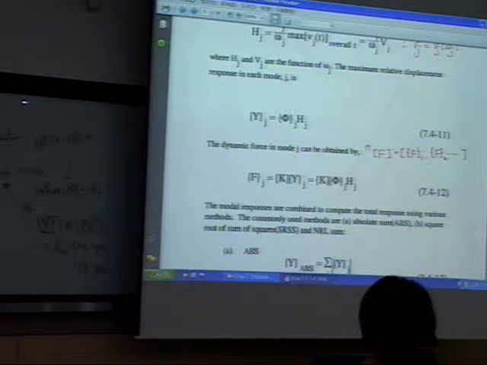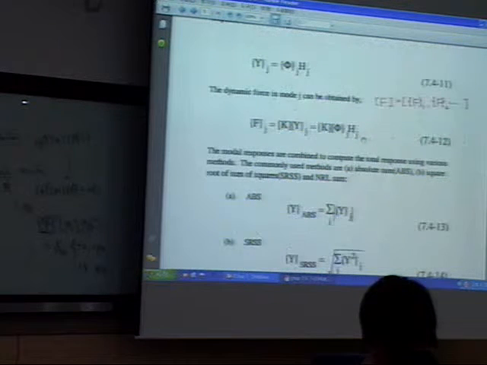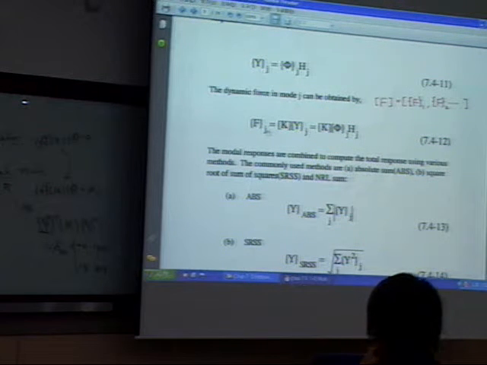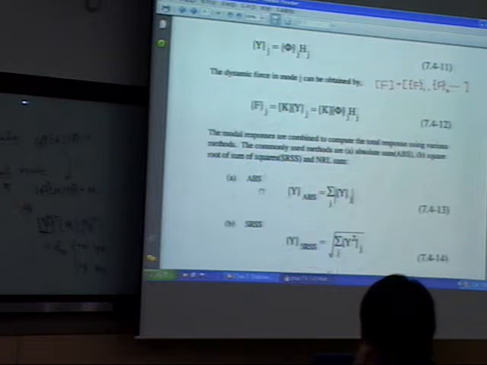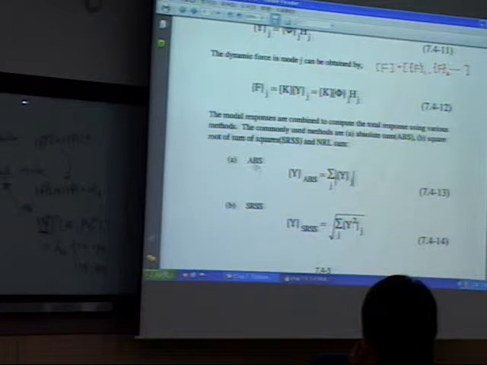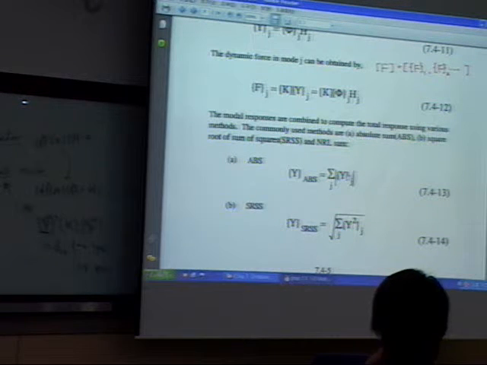So what can you say then? This is all the jth mode, the jth modal force, but the total response goes like this. Some people use ABS, absolute sum. This method has not been used for a long time. You can delete it. This has a historical value.